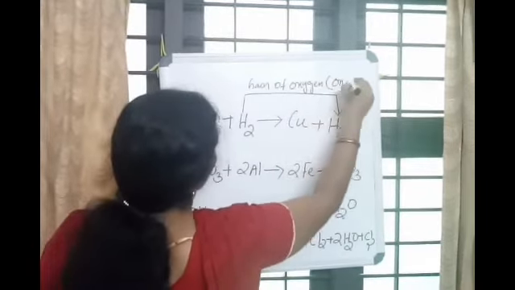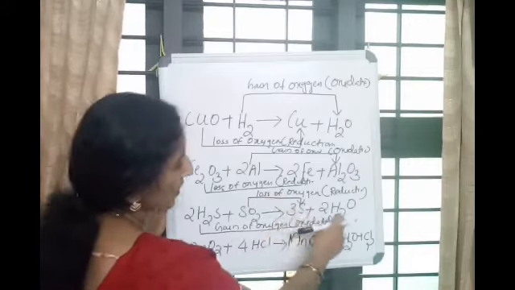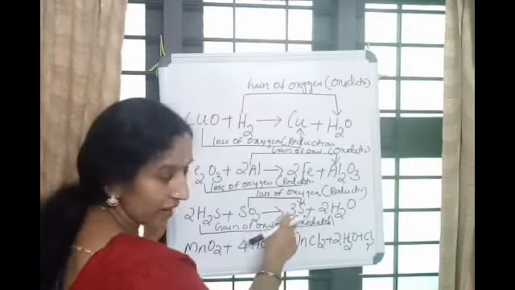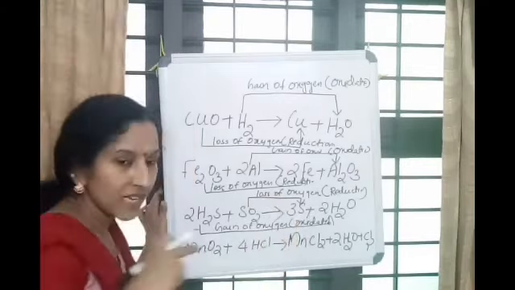Gain of oxygen, oxidation. Sulfur dioxide lost oxygen to form sulfur, that is reduction, and hydrogen sulfide gains oxygen and forms water. Gain of oxygen, oxidation.